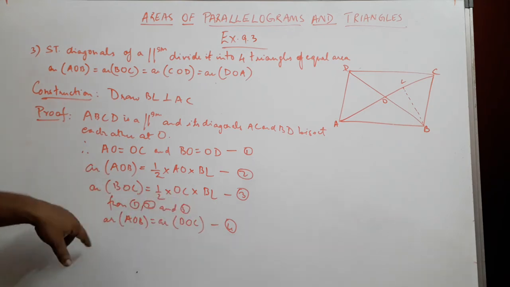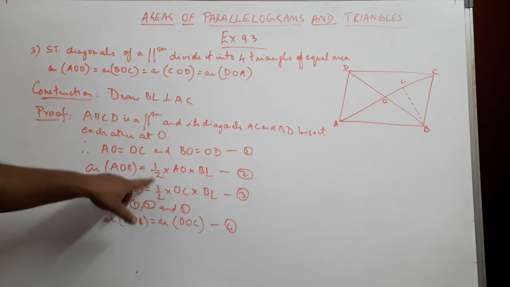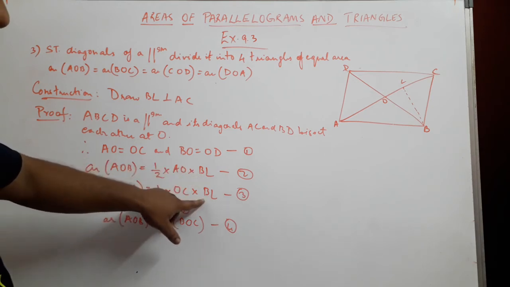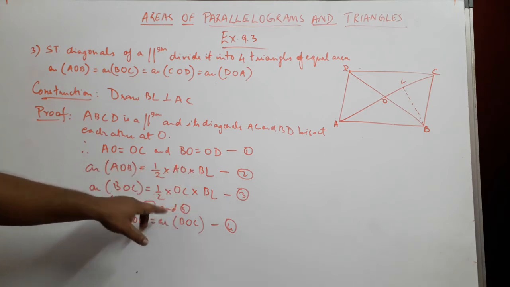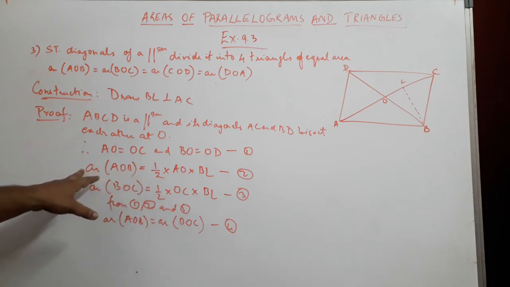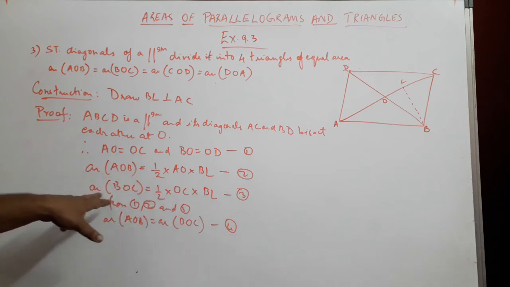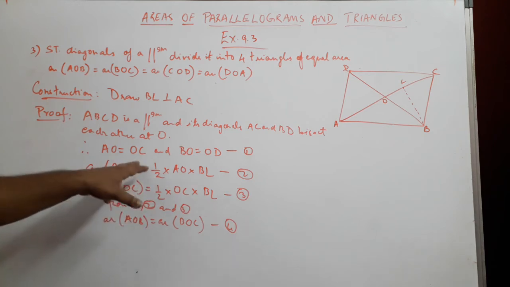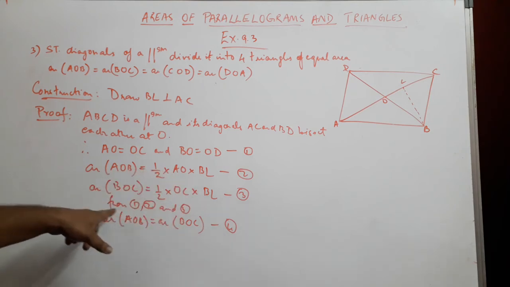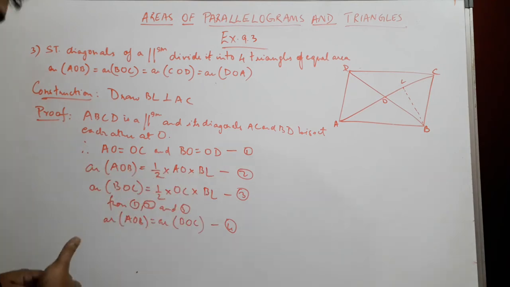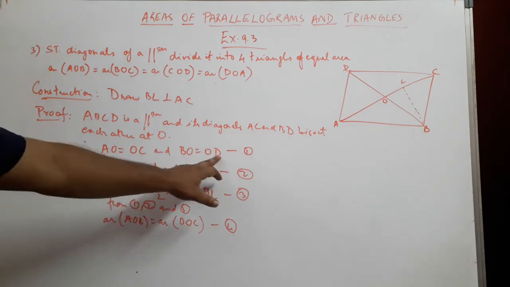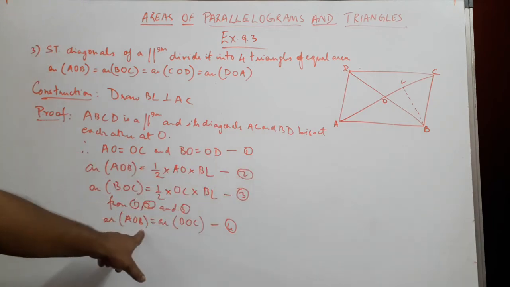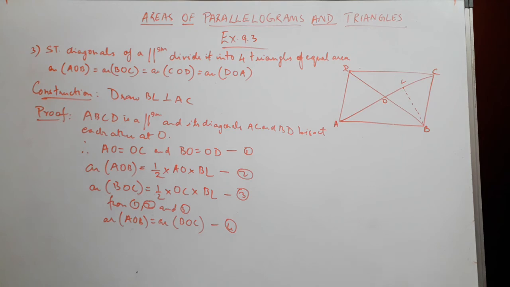Between the two, half is common, BL is common, and AO is equal to OC, so they are also common, which means that area of triangle AOB is equal to area of triangle BOC, because they are equal to the same thing. And that is why, from 1, 2 and 3, we can say that area of triangle AOB is equal to area of triangle BOC.